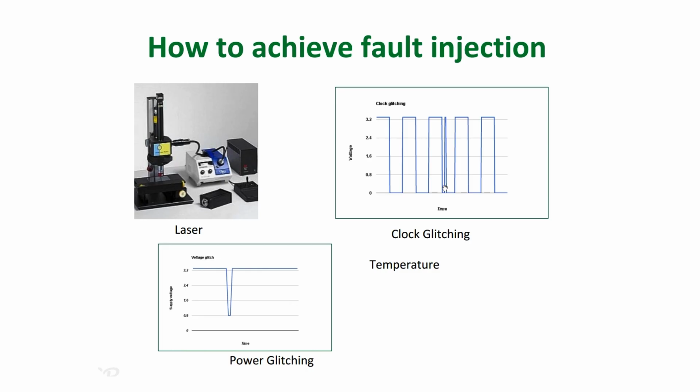Similarly, a glitch in the clock source for the device can create a setup or a hold violation, injecting a fault into the operation of that device. There are other techniques which also have been experimented with, such as the use of temperature. Increasing the temperature of a device, as we know, would induce faults in the device. However, as the experiments show, injecting faults using temperature is more difficult to achieve compared to the other techniques of power glitching or clock glitching.